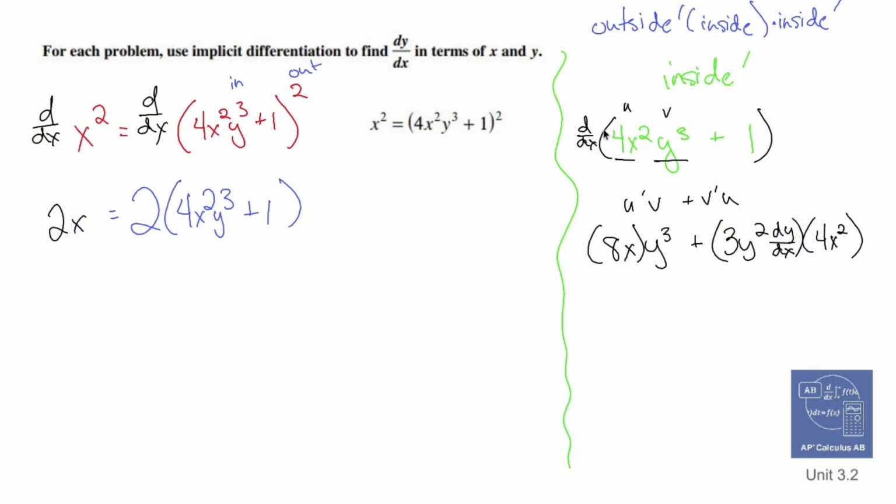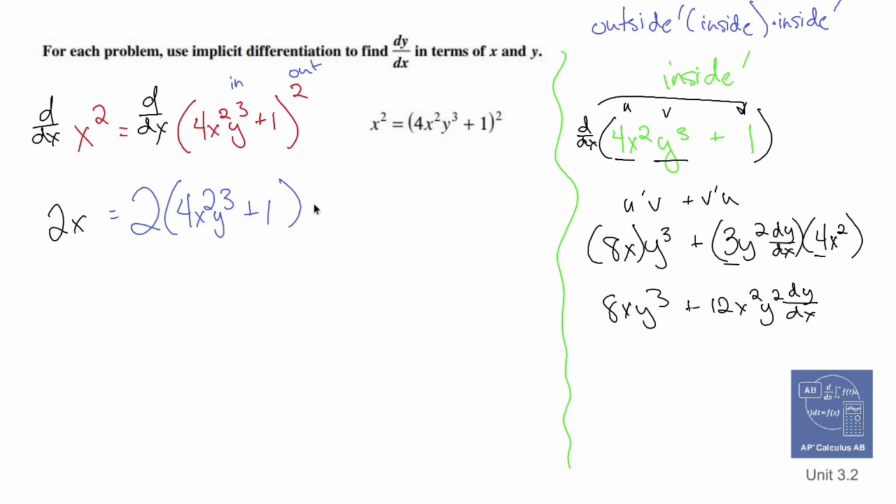Okay? And then what we haven't done yet is the derivative of 1, which is nothing. So let's clean this up. So we've got 8xy cubed. 3 times 4 is 12. X squared, y squared, dy dx. So that's the derivative of the inside.